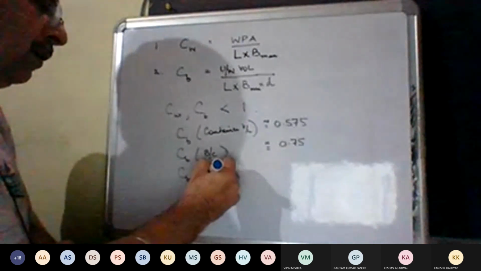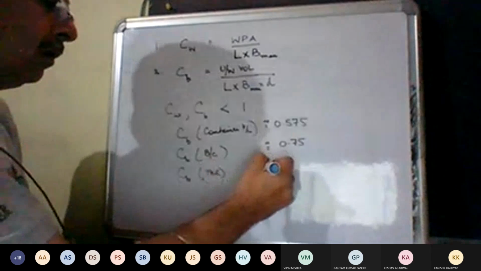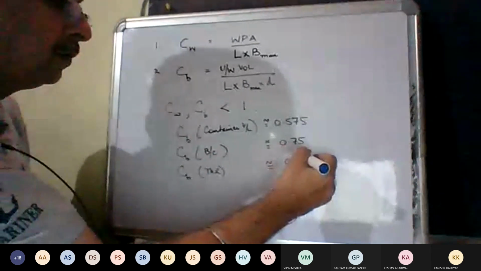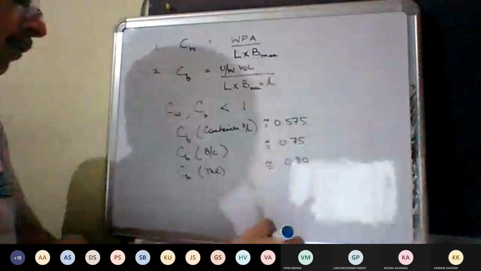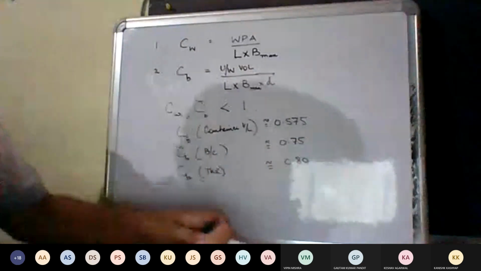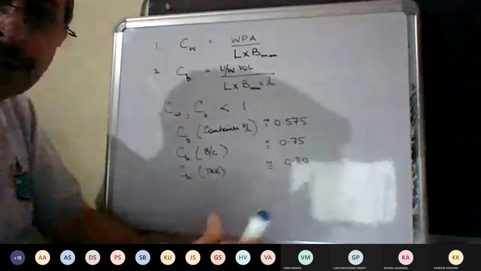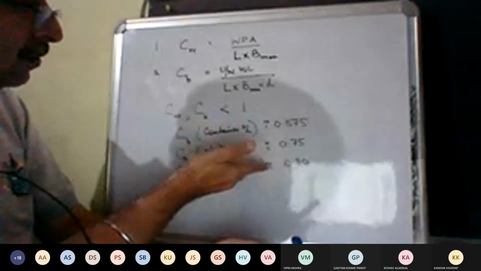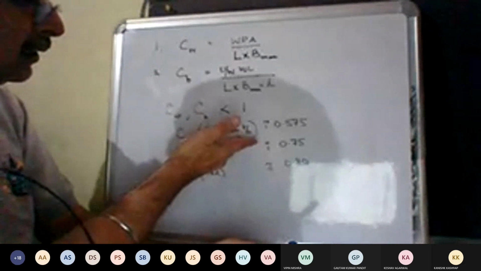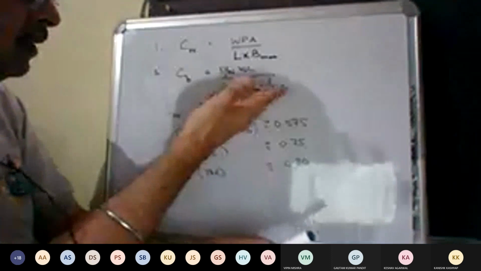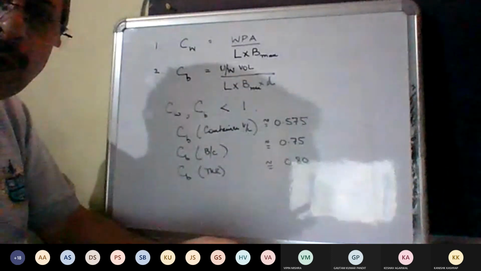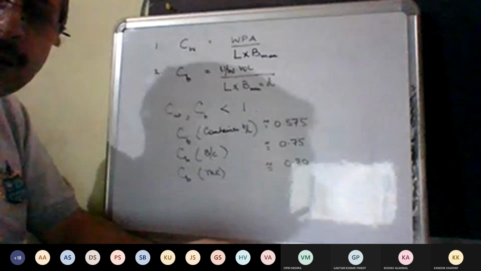CB for a tanker is generally in the region of 0.80. That is just a broad guideline for you, so you should know. That means as the CB values keep decreasing, the speed will keep increasing. So container ships, that is how they are able to have a higher speed.